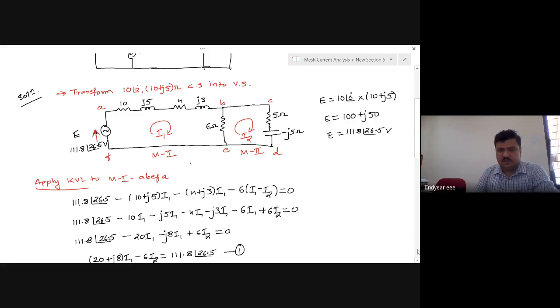So one suggestion from my side, to manage the time in exam, keep the AC circuit calculations at the end. First, go through the question paper, find out which questions you can answer very comfortably. Out of them, first try the DC circuits, because the DC circuit solution is easy. You can get it in calculator if it is a 2 equation or 3 equation circuit. Generally, you don't get a 4 equation circuit in exam.